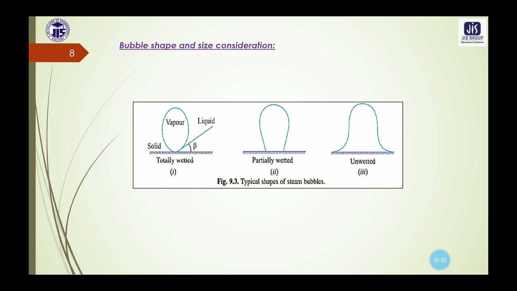In this partially wetted surface, you can see the shape and size of the bubble here. And in case of the third part, the unwetted surface, the bubbles spread out, forming a wedge between the water and the heating surface, and they allow the hydrostatic forces to resist the action of the buoyancy.